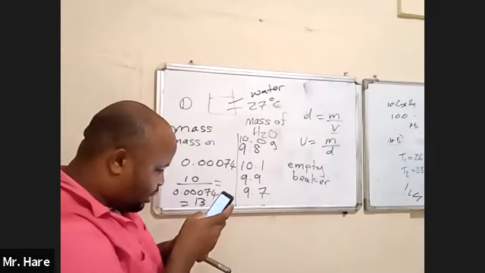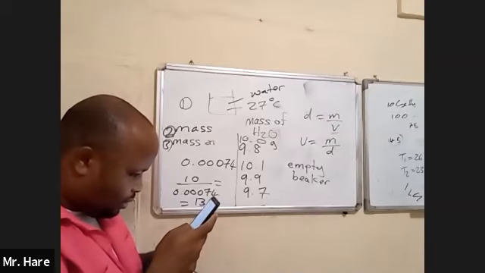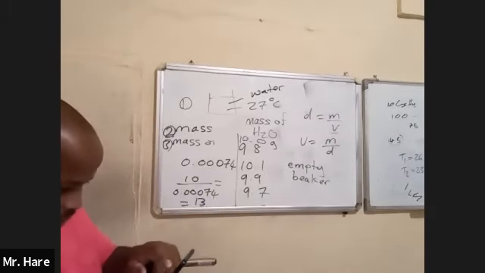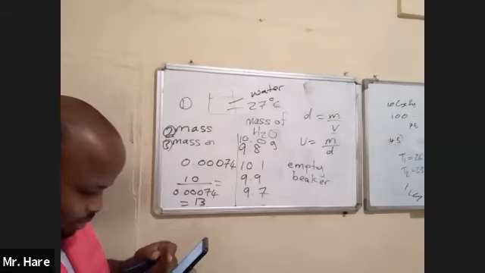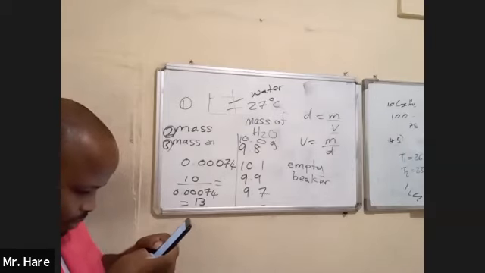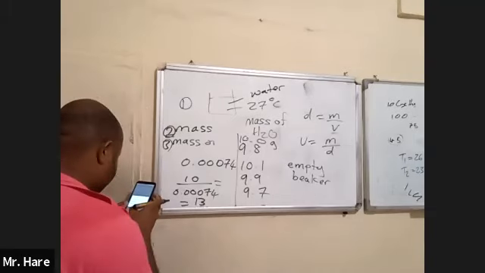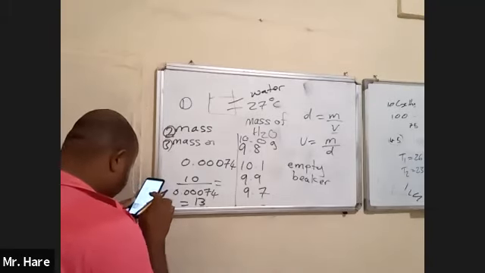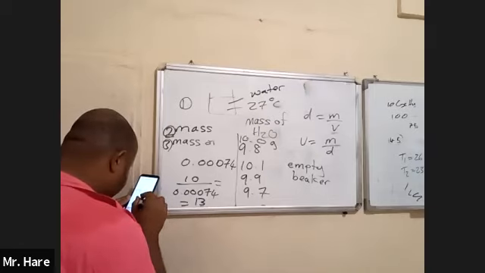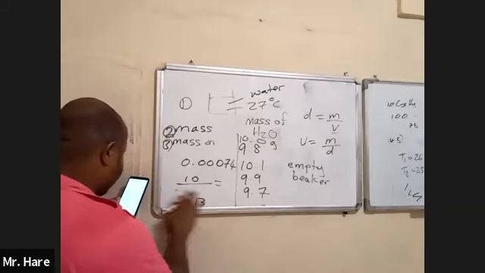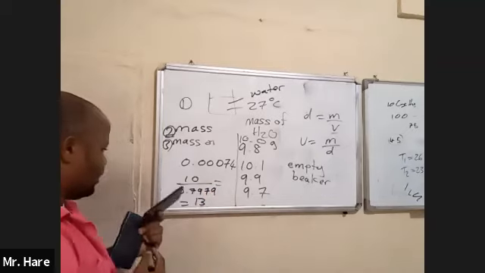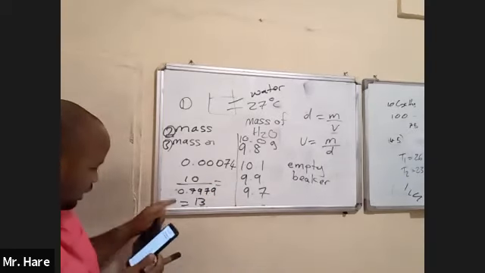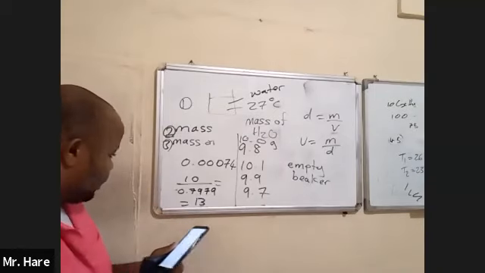All right, so 10 degrees Celsius, the density is 0.7979.